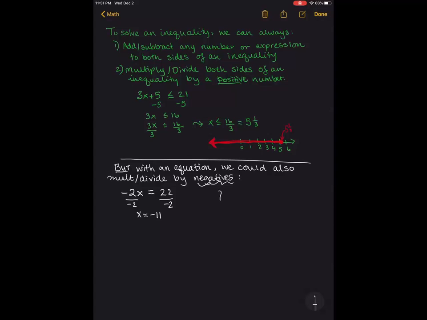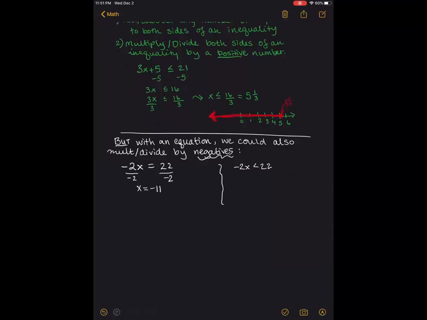And we realized this didn't work in the case of inequalities, because if I started out with the inequality negative 2x is less than 22, for instance, we could think about a sample solution, such as the number x equals 3 would solve this problem because negative 2 times 3 is negative 6.